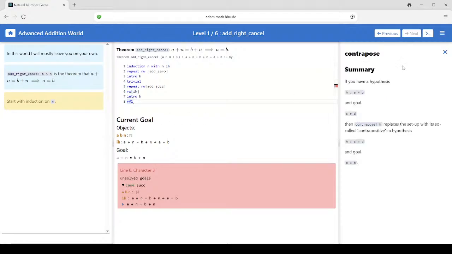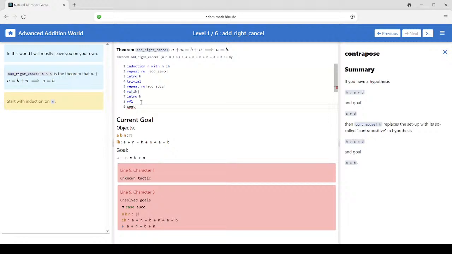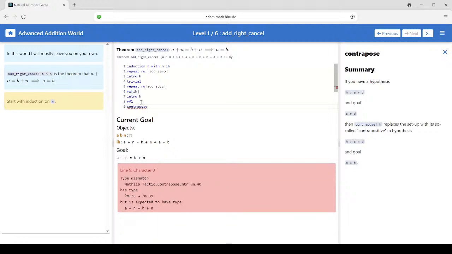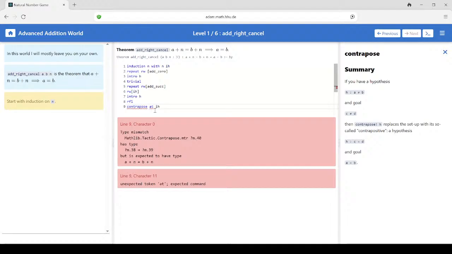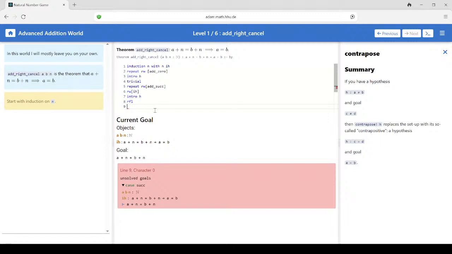What can I do? It won't let me do that. It doesn't like that at all. Why not?